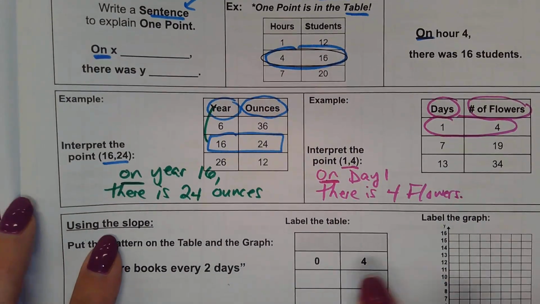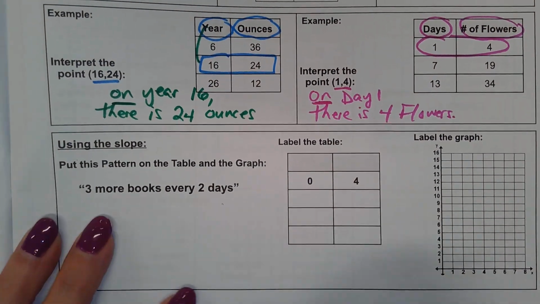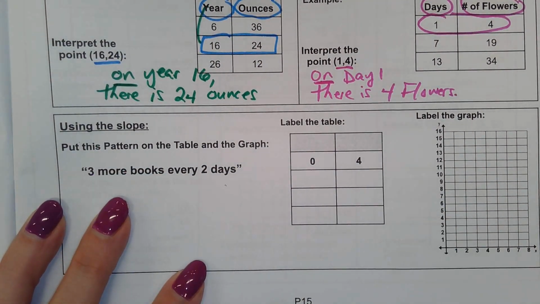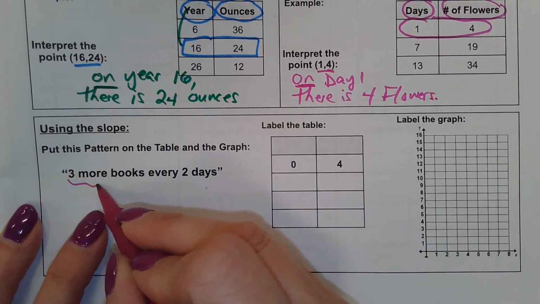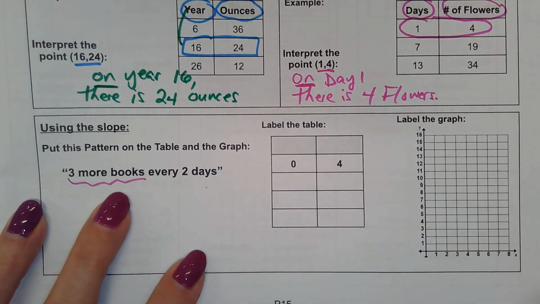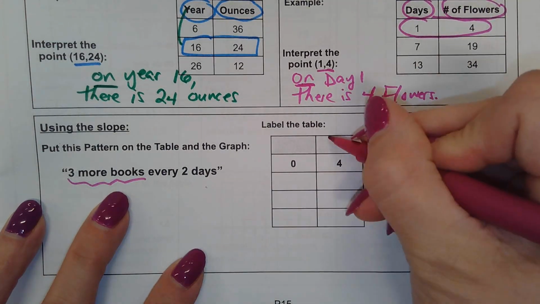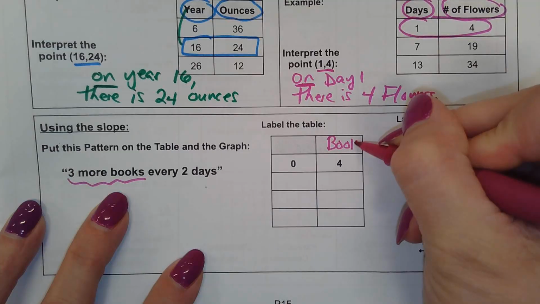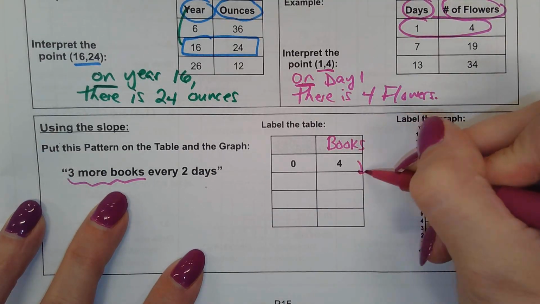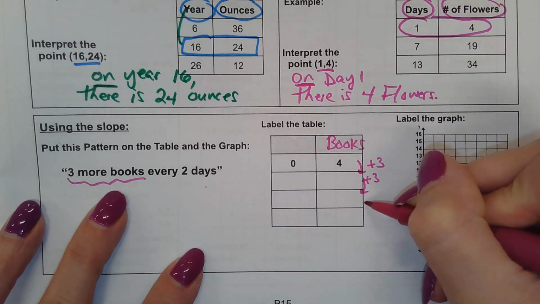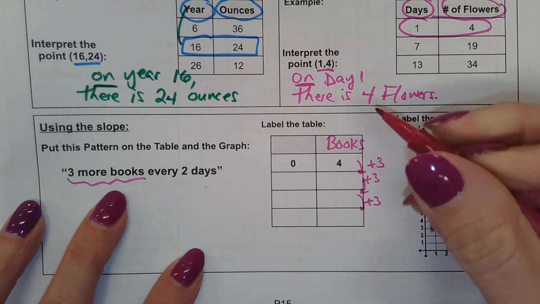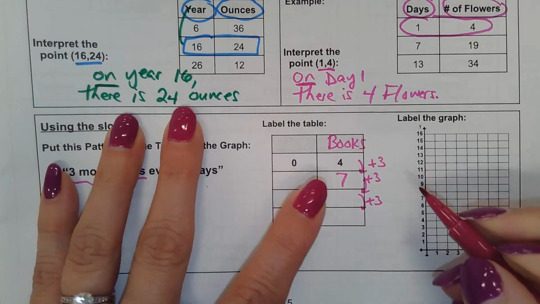We could use the slope to make a table. Put this pattern on the table, and then the graph. 3 more books. So that's over here. The thing that we're counting is books. And there's 3 more. 4 plus 3 is 7.